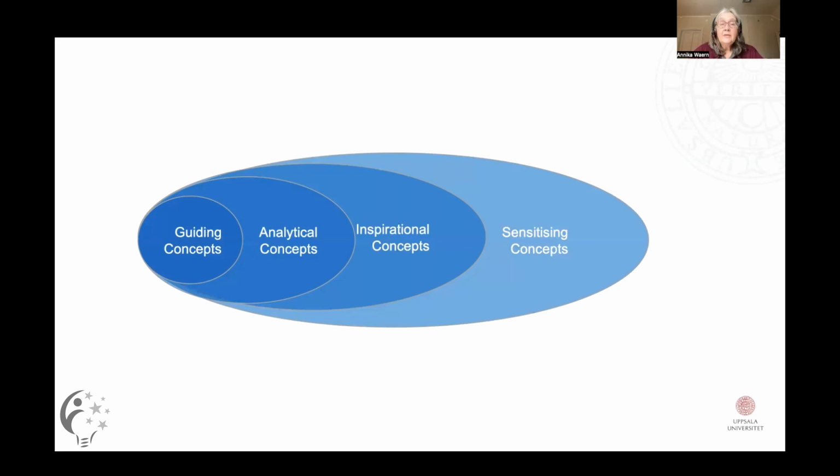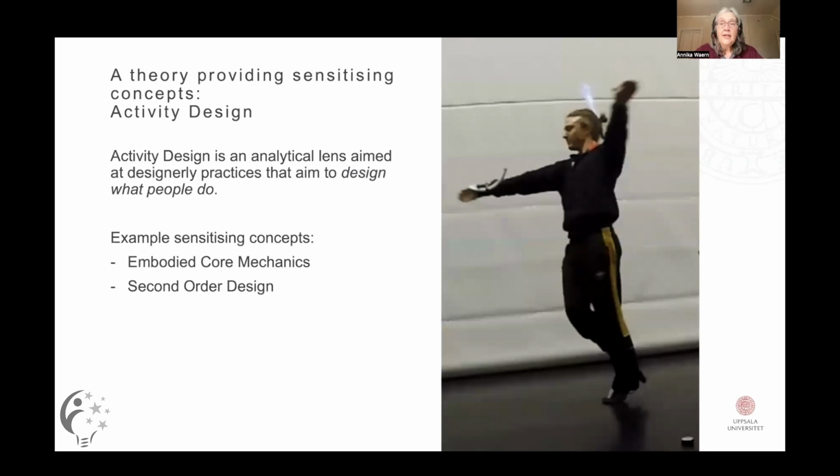So we're going to talk first about a theory that primarily provides sensitizing concepts. The theory I've chosen here, there are many more in the report, so this is just one example, is activity design. Activity design is still fairly precise because it's geared towards a particular form of design activity where you're trying to design what people do.